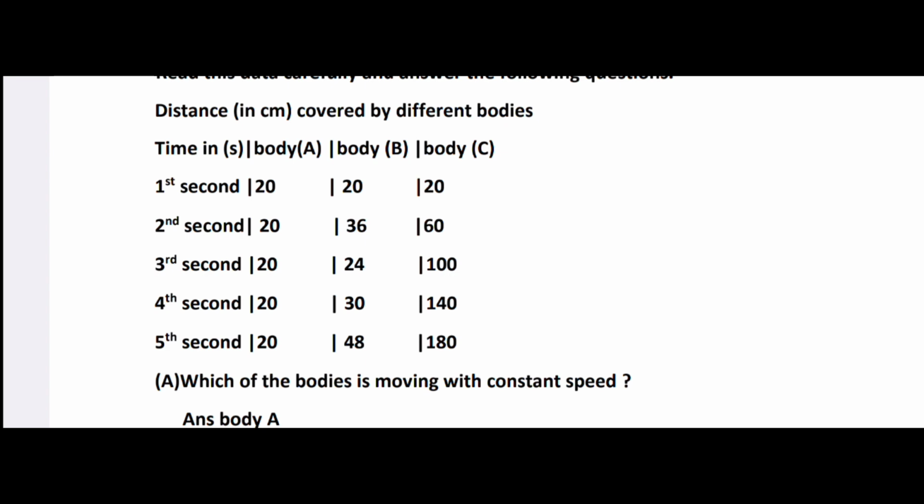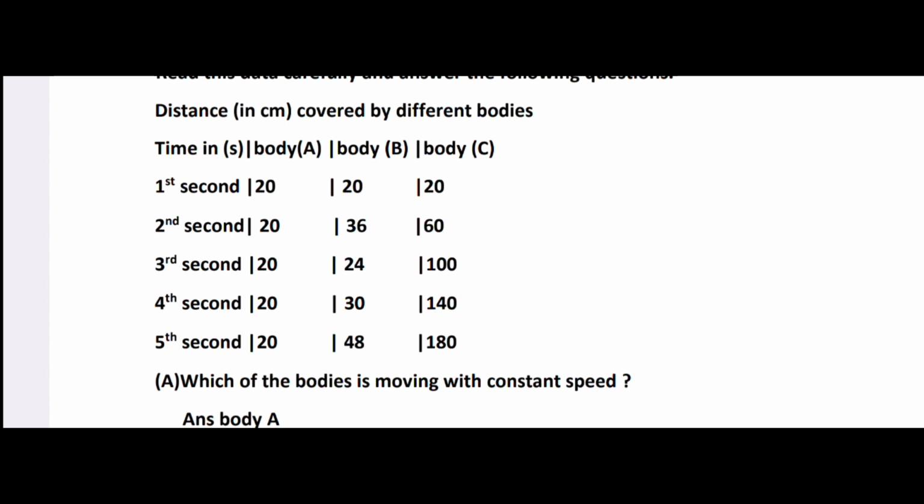In first second, body A covered 20 km, B 20, C again 20. Now in second, body A covers 20 km, B 36 and body C 60 km. In third second, again body A covers 20 km, B 24 and C 100 km.